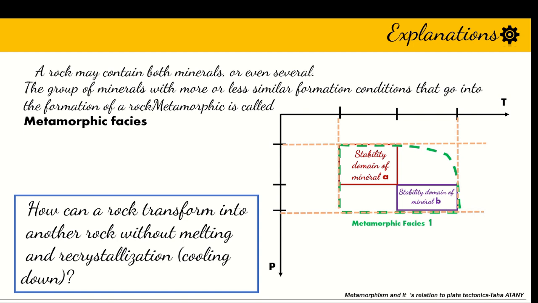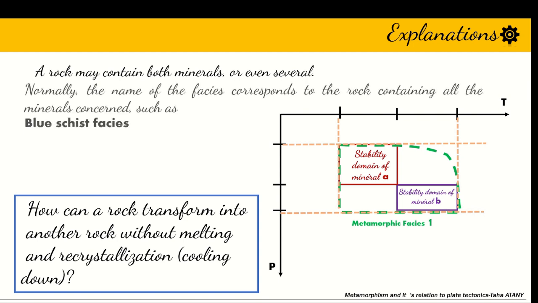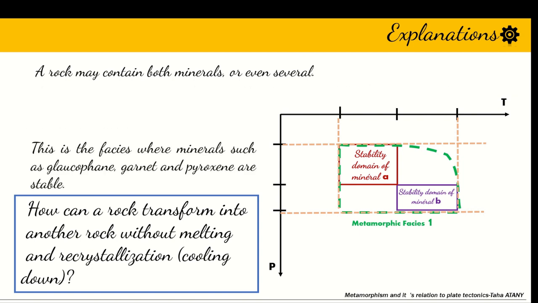Oftentimes the metamorphic facies take the name of the rock that contains most of the minerals overlapping these facies. Case in point, we have blueschist facies. Blueschist facies is often related to the facies where minerals such as glaucophane, garnet and pyroxene are stable, and we will find blueschist.